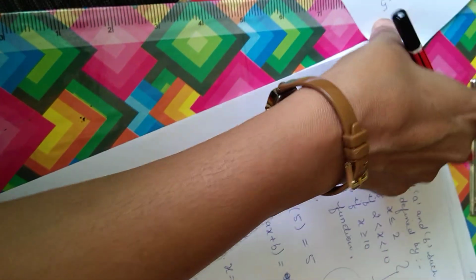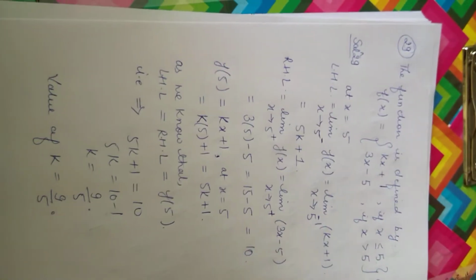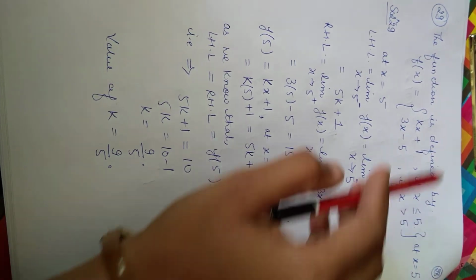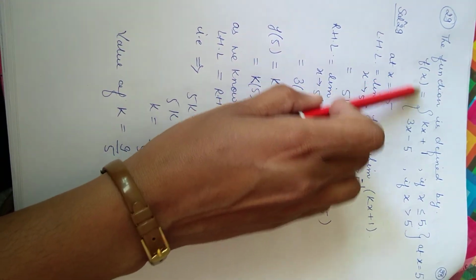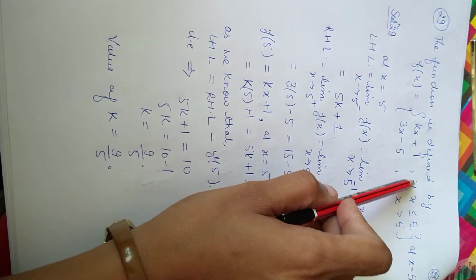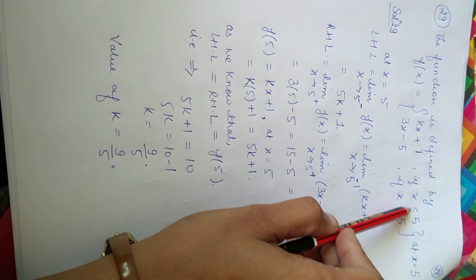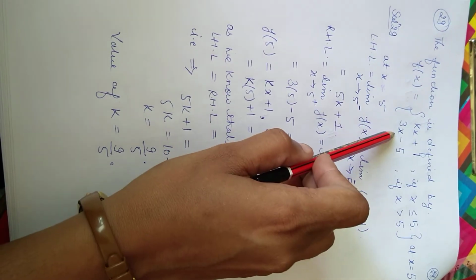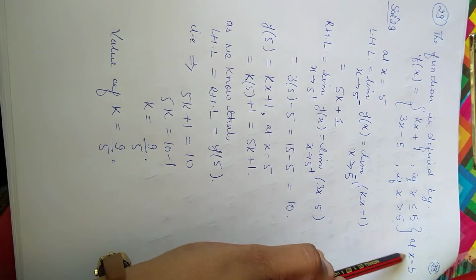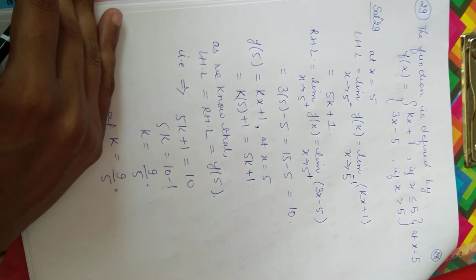Clear बच्चे? Now I will move to your question number 29, and the function is defined by f(x) equal to kx plus 1 if x is less than 5, and 3x minus 5 if x is greater than 5, at x is equal to 5.